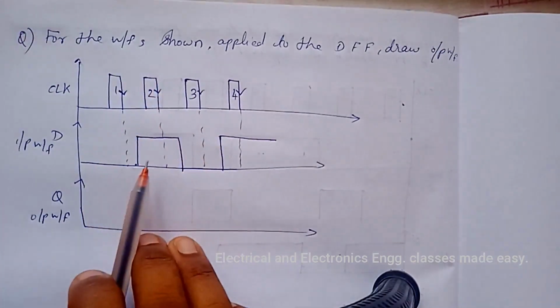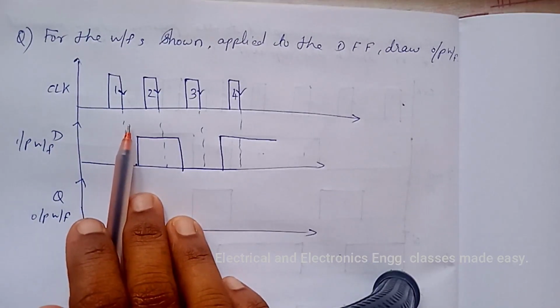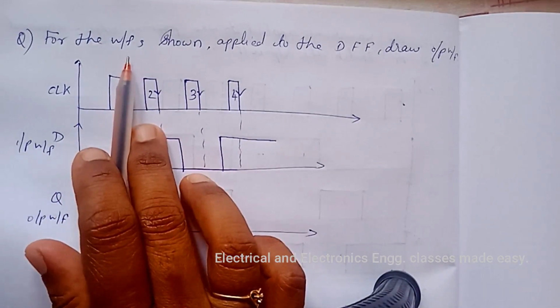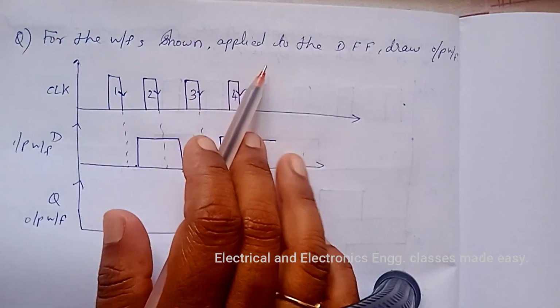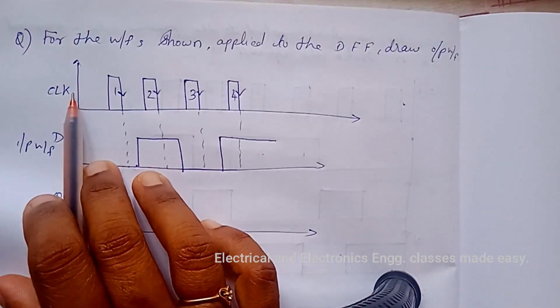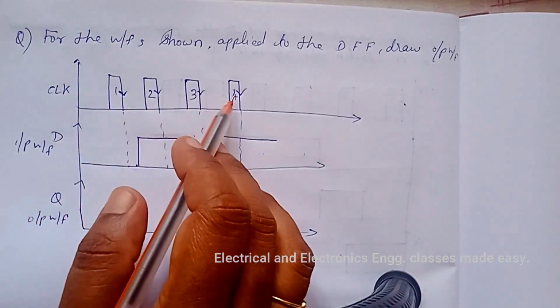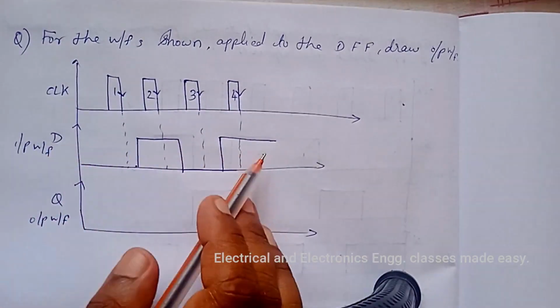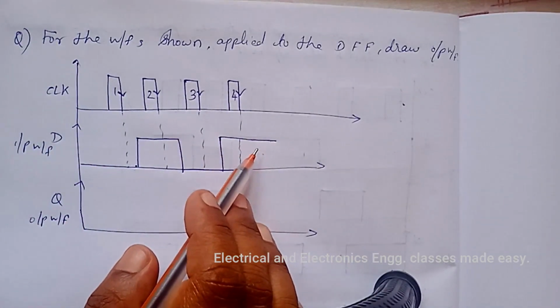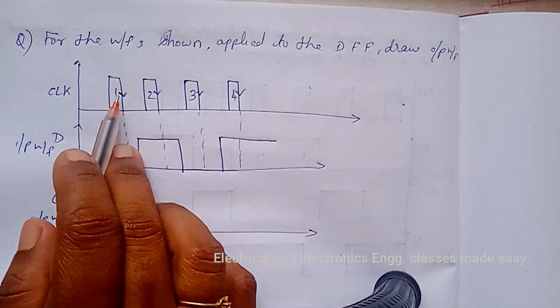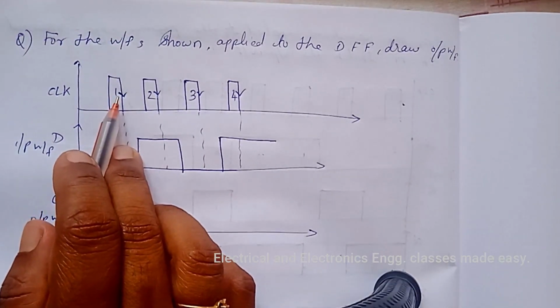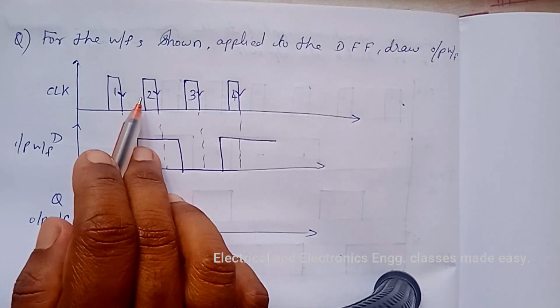Let us study the timing diagram for the D flip-flop. For the waveforms shown applied to the D flip-flop, draw the output waveform. So this is the clock pulse given, and this is the D input given, and this is a negative edge triggered flip-flop.